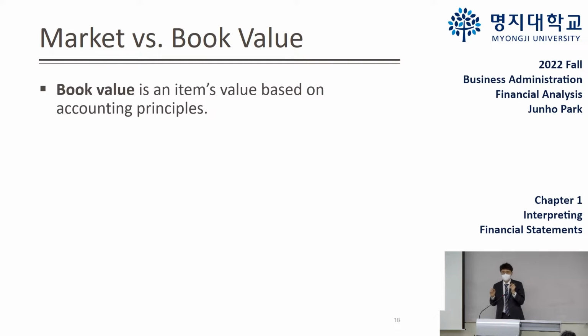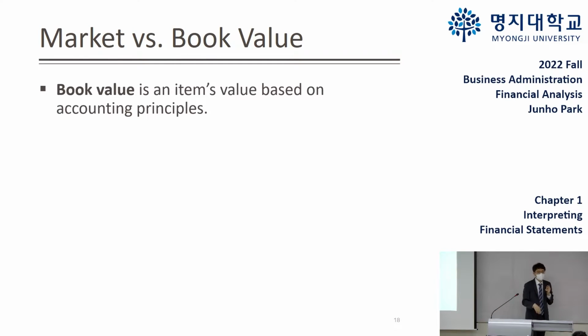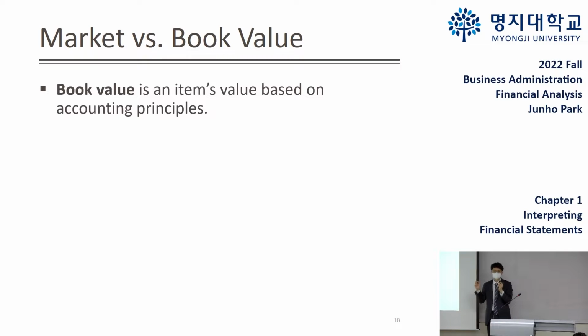But one thing that I'd like to say is that accounting principles are very conservative in the sense that they do not reflect fluctuating changes, what is happening in a relatively short period of time.